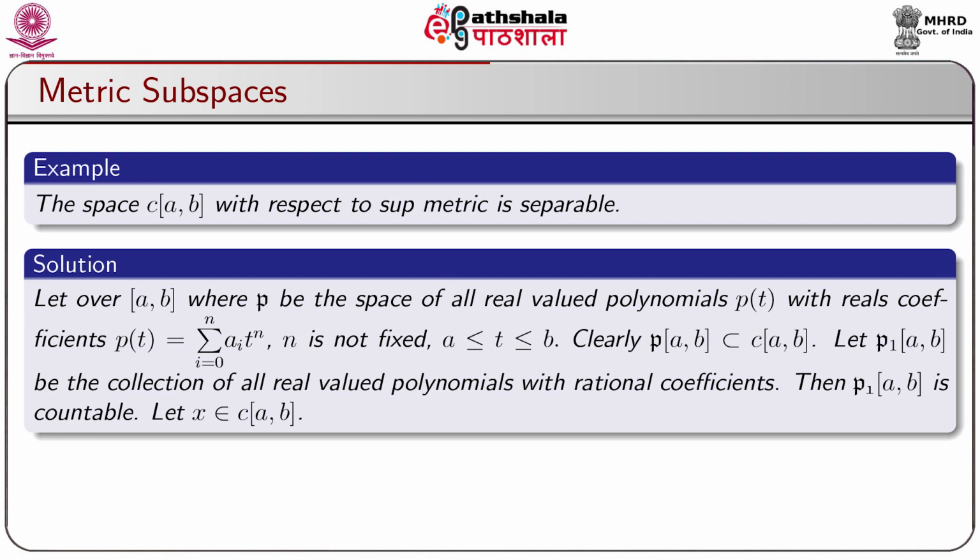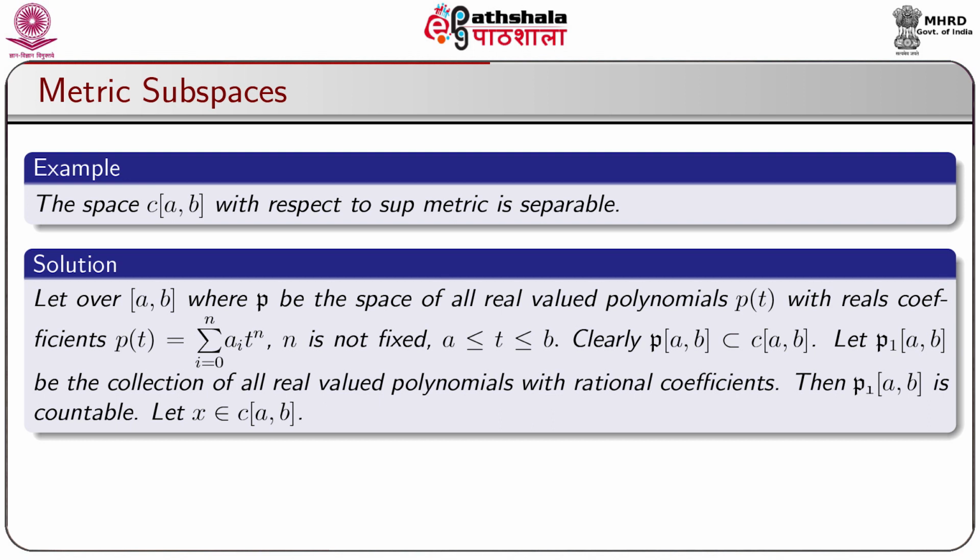The solution looks like this. Let [a, b] be a closed interval, and let P be the space of all real valued polynomials p(t) with real coefficients ai, where p(t) can be written as the sum from i equals 0 to n of ai t^i, and n is not fixed, and t runs in the closed interval [a, b].